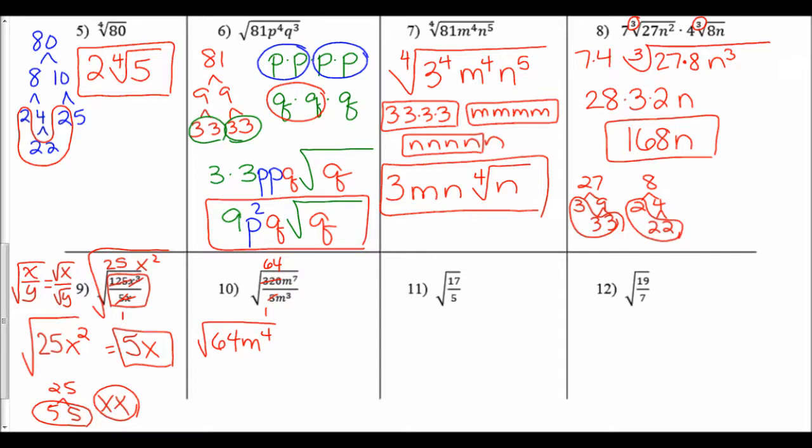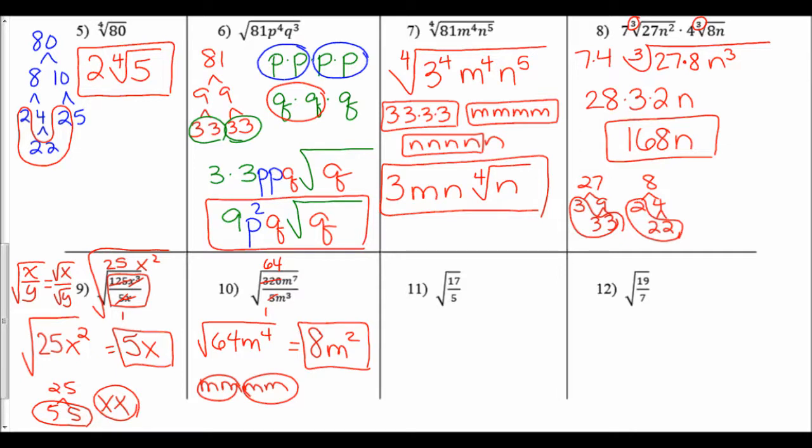So I'm dealing with the square root of 64 m to the 4th. We shouldn't need a factor tree to realize the square root of 64 is 8. The square root of m to the 4th, if I listed all my m's out, I would have 4 m's. So I'm going to have two groups that are able to come out, and I'll have m squared on the outside. Again, nothing was left underneath.